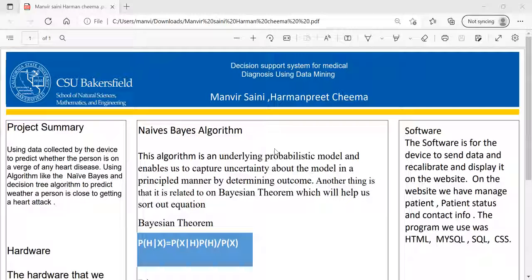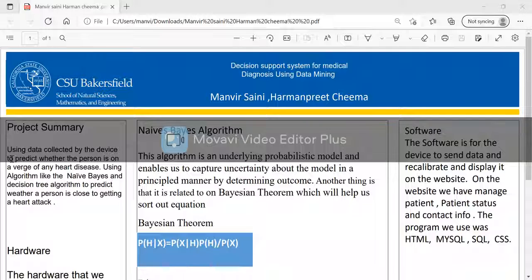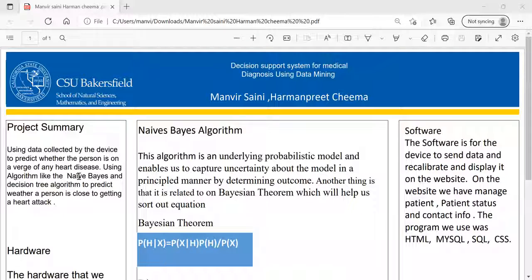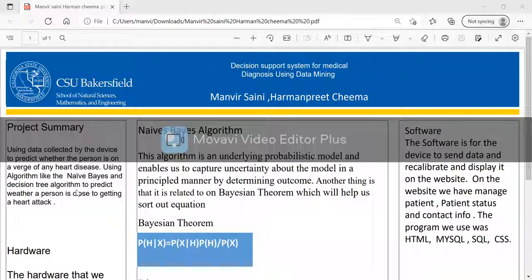To give you an overview, this project uses data collected by the devices to predict whether a person is on the verge of a heart attack, using algorithms like Naive Bayes and decision tree algorithm. So I will hand it over to Manu for the next part.